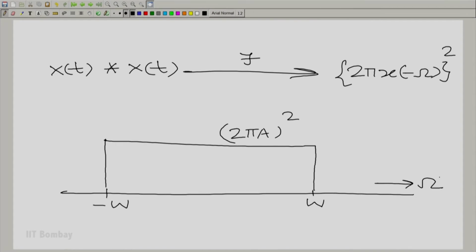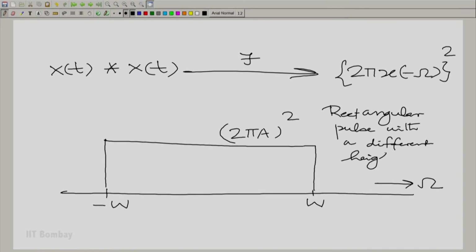So, it is simply 2 pi a whole squared, that is all. It is the same rectangular pulse, but with a different height. Now, it is very easy to evaluate the inverse Fourier transform of this. In fact, there is nothing much to be done. All that you have done is to multiply the original function by 2 pi a, that is all.